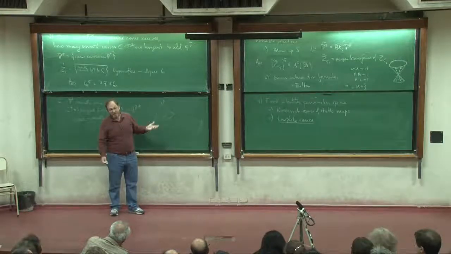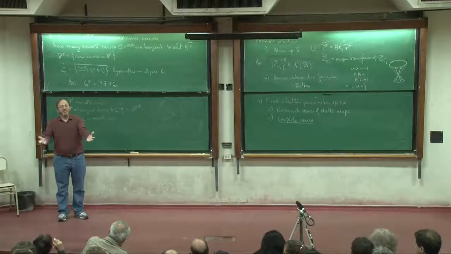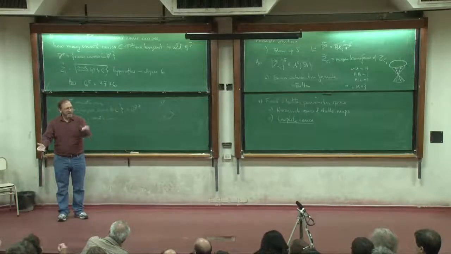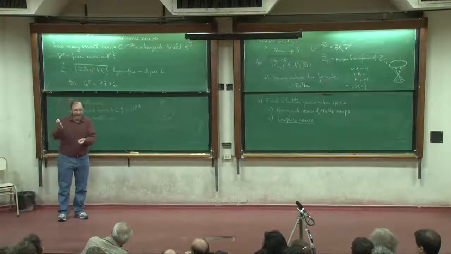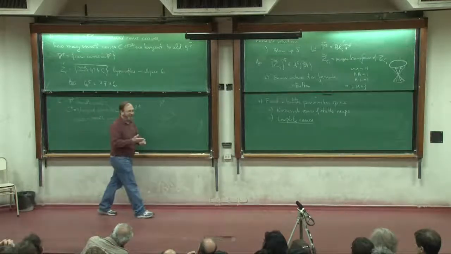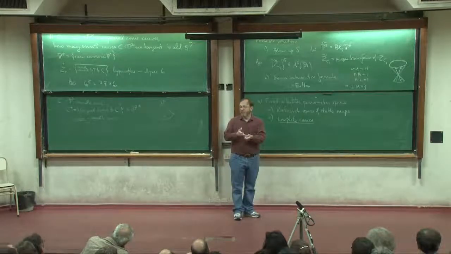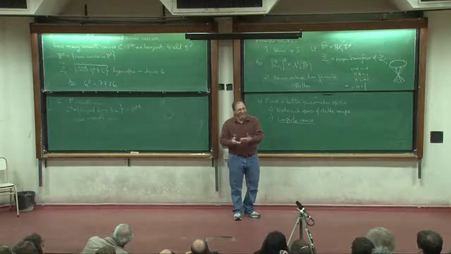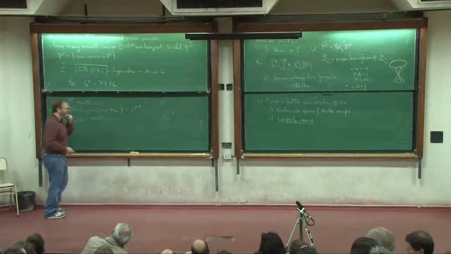If you take your favorite circle, a unit circle, and take the point P to be the origin, you can easily see that the tangent lines to the circle through the origin are just the lines through the origin with slope plus or minus i. So you have to get used to this idea and appreciate that.